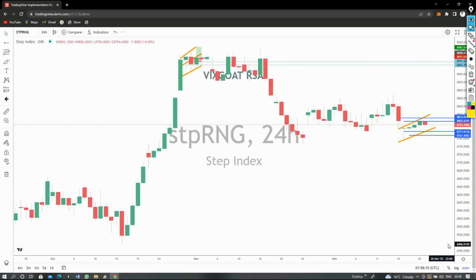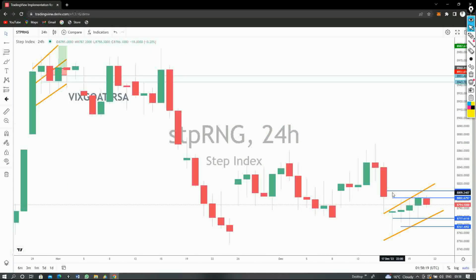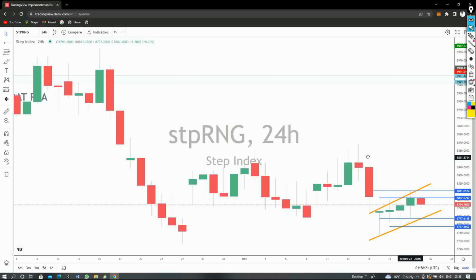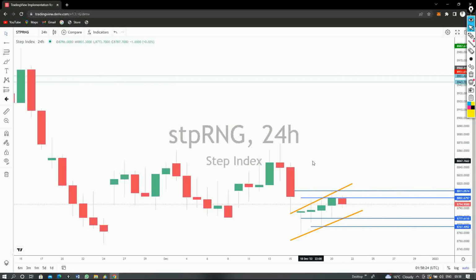I think it's not Central African time, but South African time. It turns around 2 a.m. South African time. So we are going to look at it from that perspective. We've had so many gaps on step index, but we have covered the first gap.